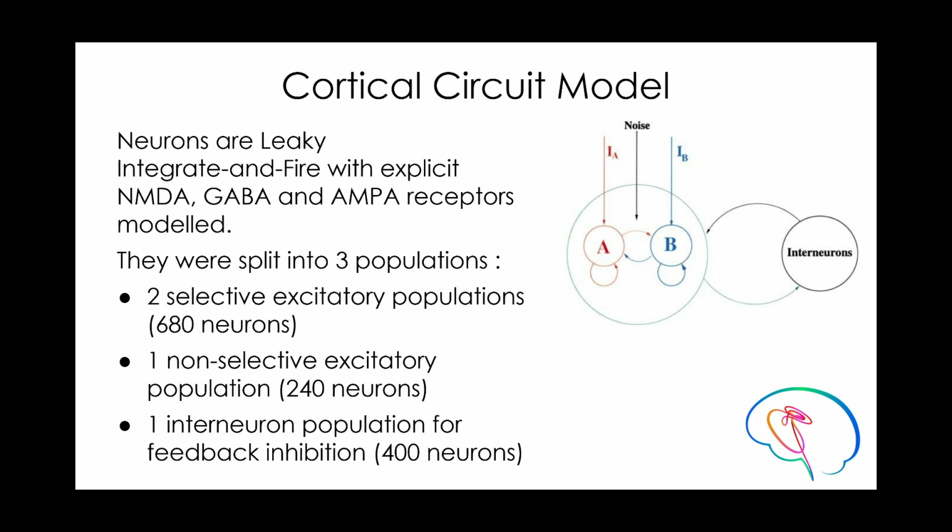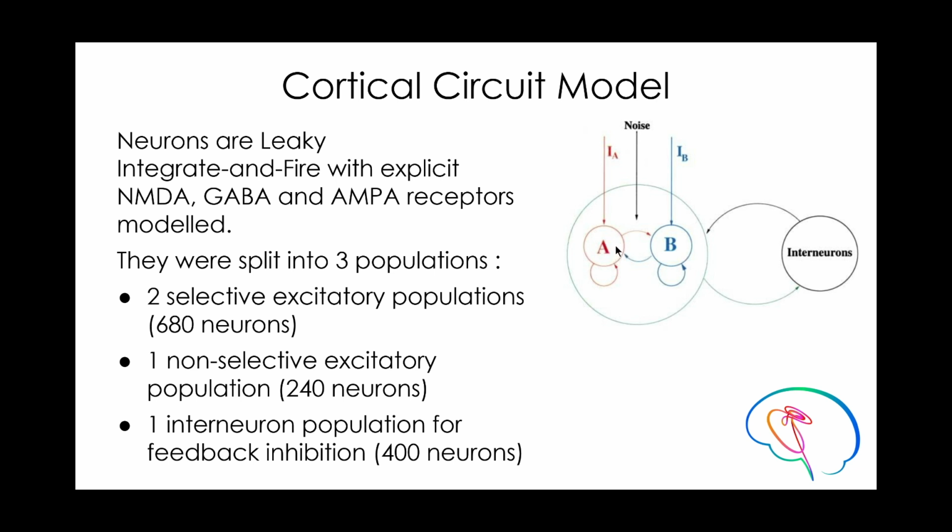Moving on to the actual model that you will work on with the exercises. So this is a schematic of the model. Essentially, there are two excitatory populations, A and B. Each one is selective for one category, but there is also some non-selective neurons here, also excitatory, around this pool.